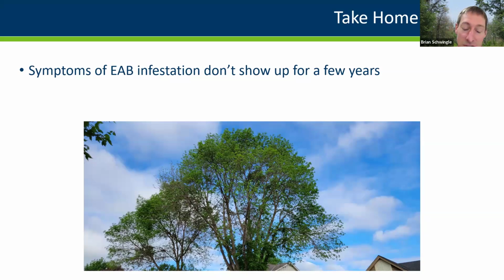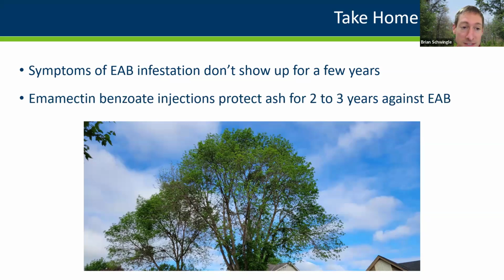I believe the industry standard in the tree care industry, arborists will still treat trees that have 25%, maybe even 33% or less symptoms. But ideally, if you're going to hire somebody to treat an ash, you would want to treat it before infestation. And that's the chemical that is quite effective at protecting against emerald ash borer.